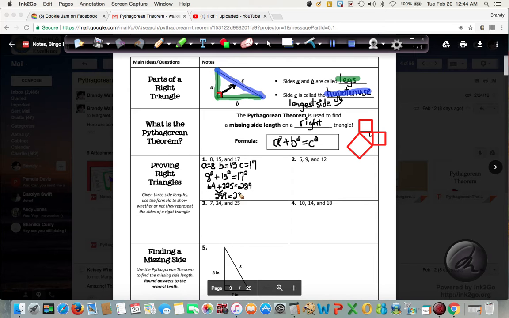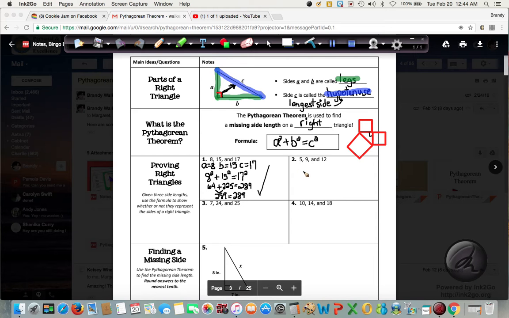Now if you get the same number, that means this is in fact a Pythagorean triple: 8, 15, and 17 in whatever measurement you use, inches, centimeters, feet, whatever. One leg is 8, one leg is 15, the hypotenuse, the longest side, is 17. That is a Pythagorean triple, so you give yourself a check.